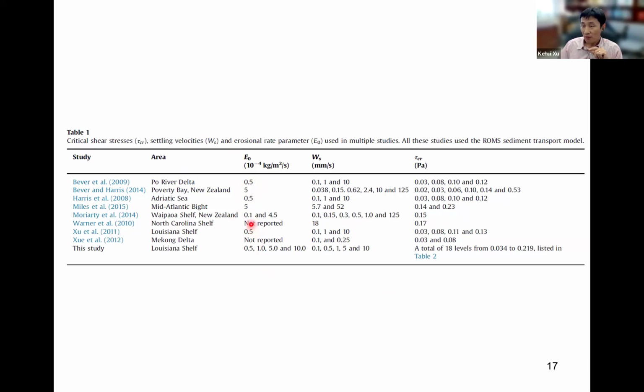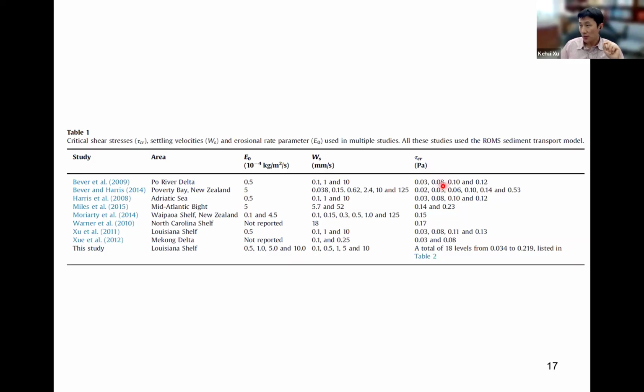The numbers can vary from 0.1 to 1 to 10. So this is 2 orders of magnitude difference. Settling velocity, 0.1, 1, and 10. Okay, so we tried those numbers. Again, 2 orders of magnitude difference.